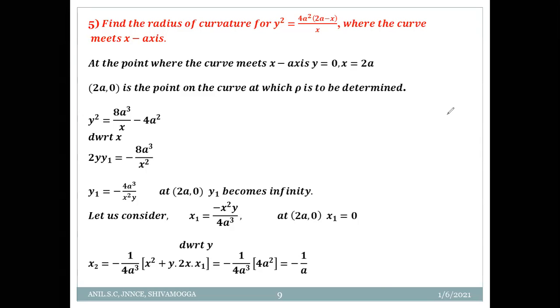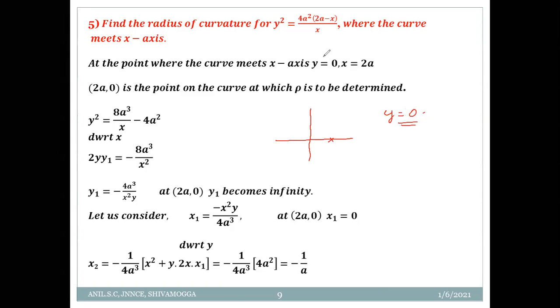First, we find the point where rho is to be determined, right? The curve meets x-axis. X-axis will be like this. This is y-axis. The curve meets x-axis means at a point on x-axis, y is always 0. Correct? On x-axis, y is always 0. Therefore, y coordinate must be 0.